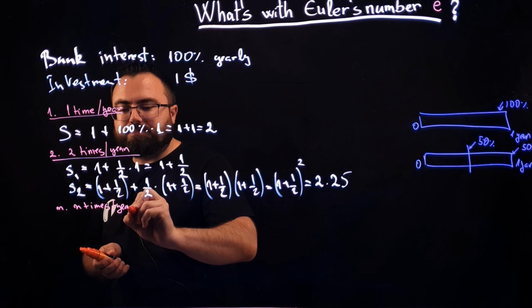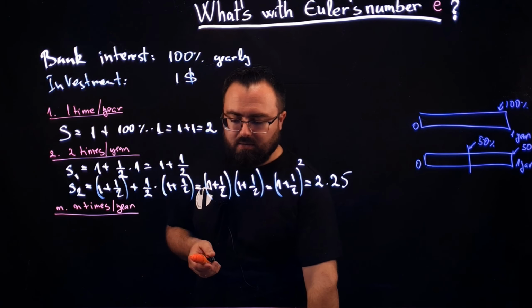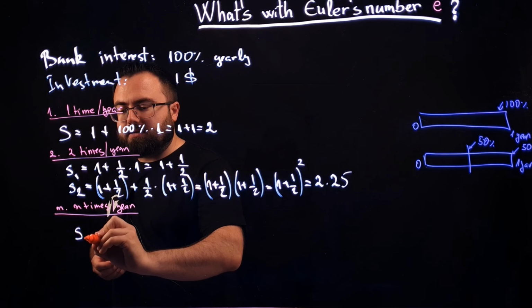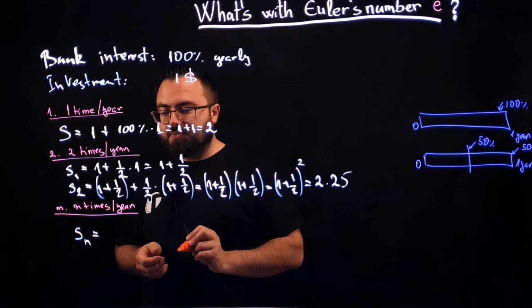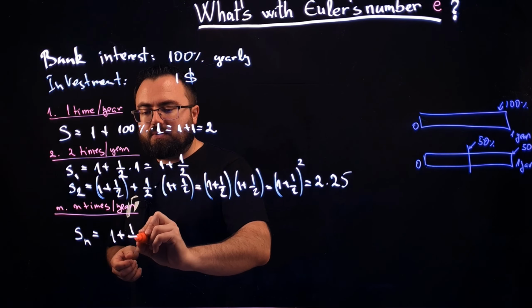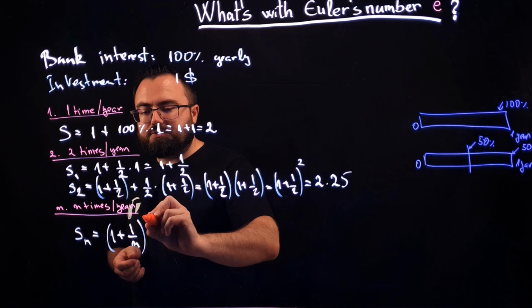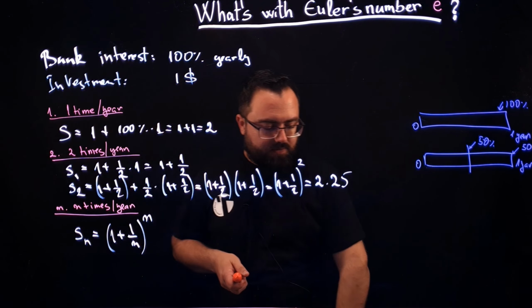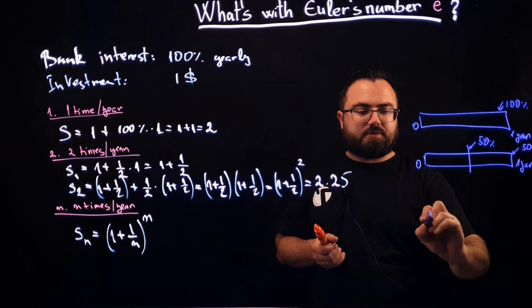For the nth case, let's just take it n times per year. You would directly try to deduce the result, and this is 1 plus 1 over n to the n power. Now, what would happen here is the following.